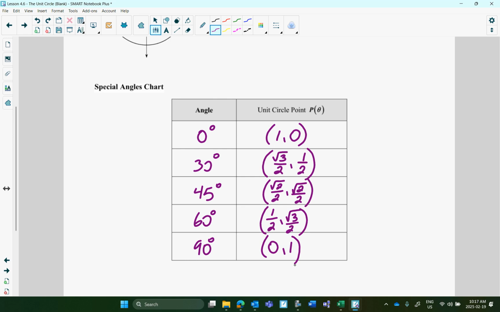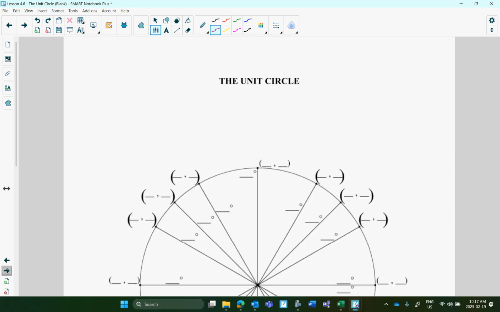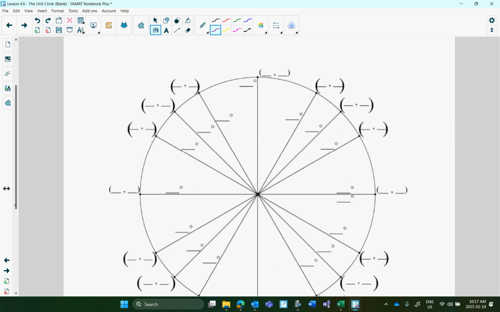Okay. What we're going to do now is I'm not going to do the next 4 pages. We're going to go straight to the unit circle, the one that looks like this. We're going to go straight to here, because we don't necessarily need all of this.